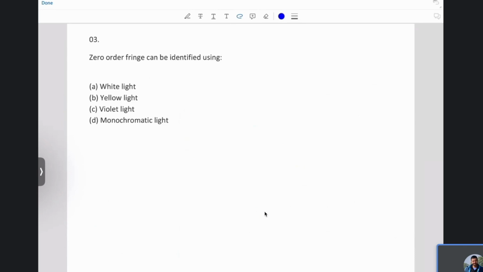As I mentioned, when we are doing this YDSE experiment, you have the source, then there is a screen here, and the two lights with different phase difference come and constructively or destructively interfere on this point P.